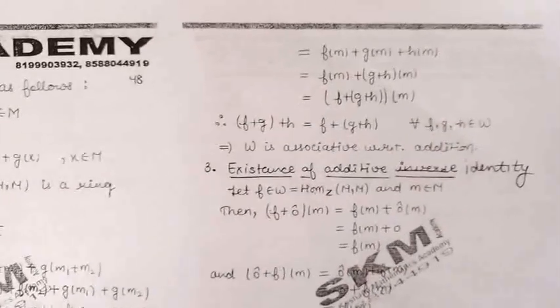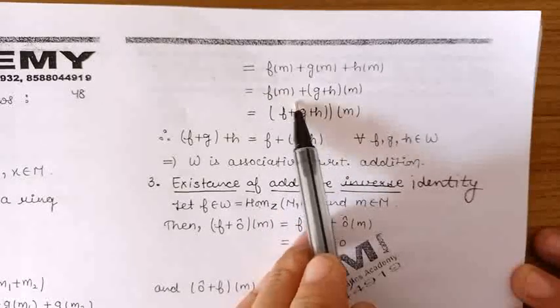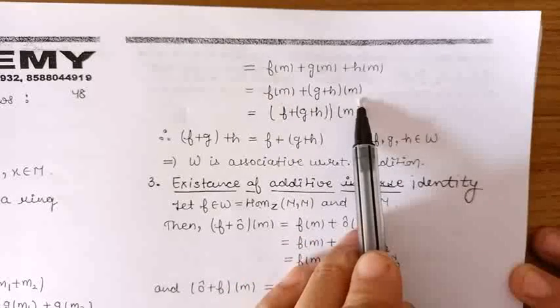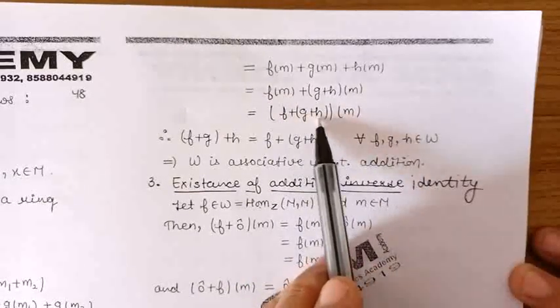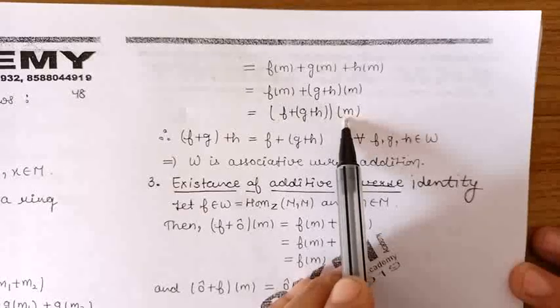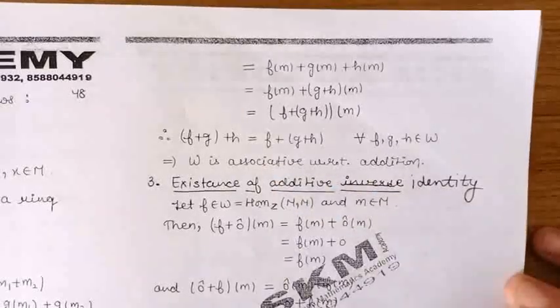So we can write this further as F of M plus G plus H of M. And this can further be written as F plus G plus H of M. So we have proved the associative property with respect to addition.